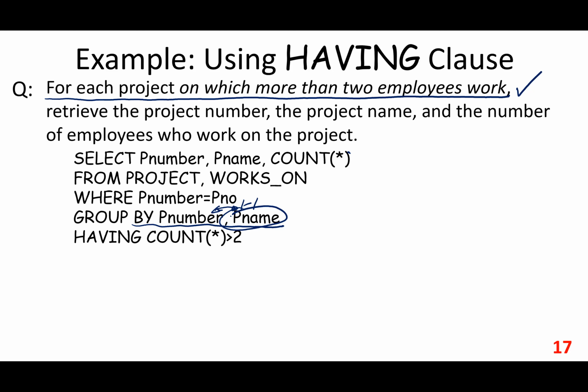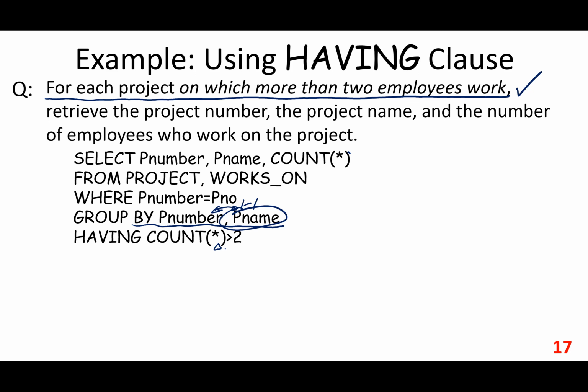All right, so after that, then you count the number of rows in each group. In each project. Greater than 2.